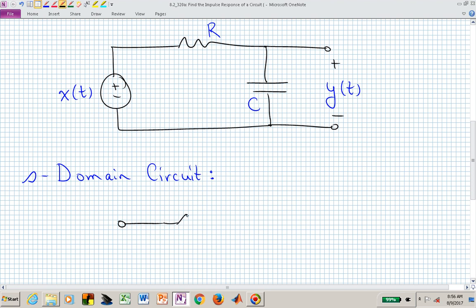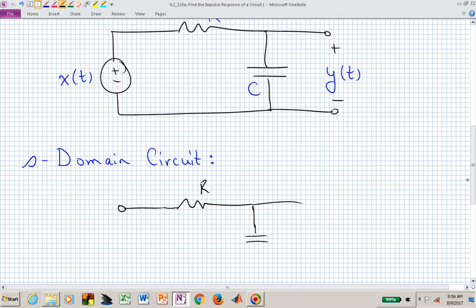The resistor comes over unchanged. The capacitor now is a generalized resistor, or it now has an impedance of 1 over SC, and all of our signals are now in the frequency domain.